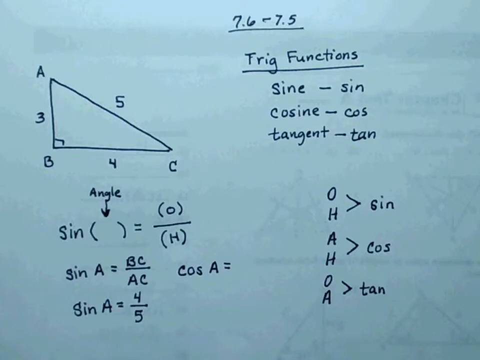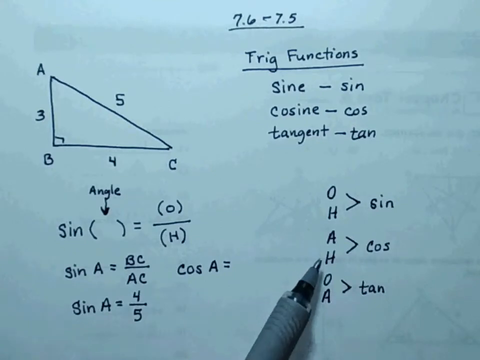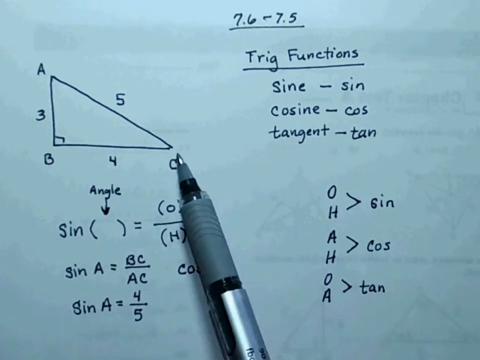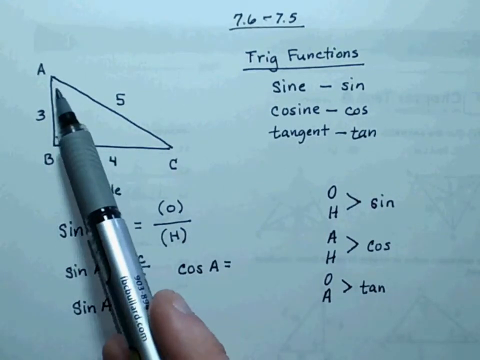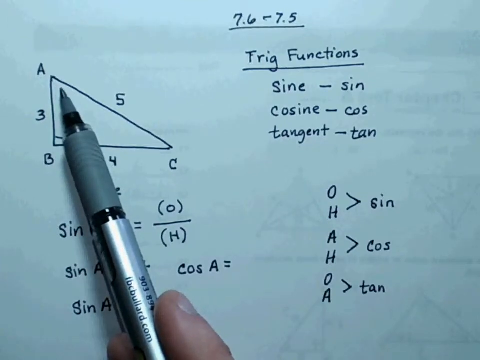If I was taking the cosine of angle A, we have to look and see cosine is the adjacent side over the hypotenuse. So the adjacent over the hypotenuse. When I look at angle A, which side is adjacent to angle A?